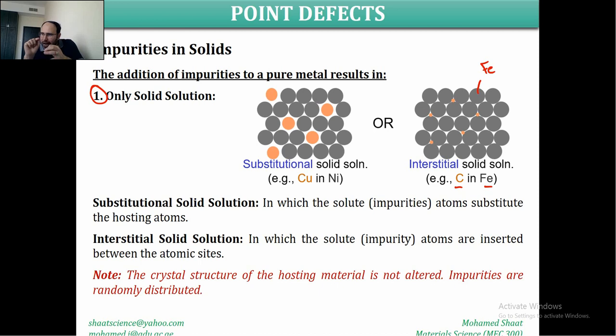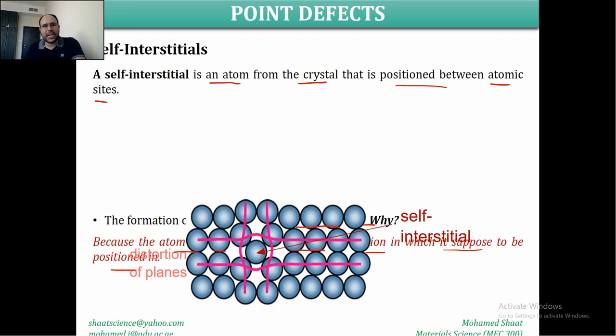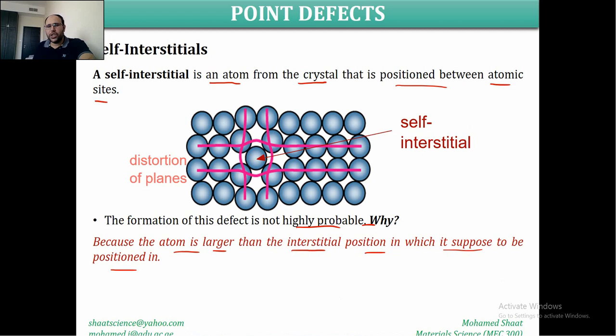The insertion of an atom between the gaps is known as interstitial, and this is the second defect that we discussed. But there we discussed the self-interstitial. Interstitial in general means that you insert an atom, whether of the same atom type or a different atom type, into the gaps that exist between these atoms.